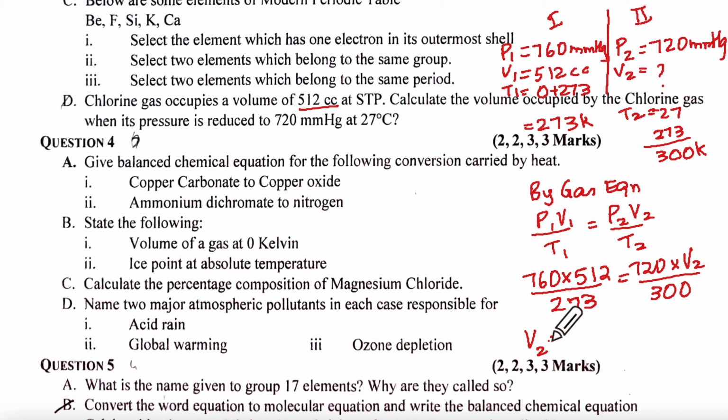So V2 is equal to, take this that side, so 300 into 760 into 512 upon 273 into 720. 3 goes 100 times, 3 goes 91 times. 512 is divisible by 8, no?